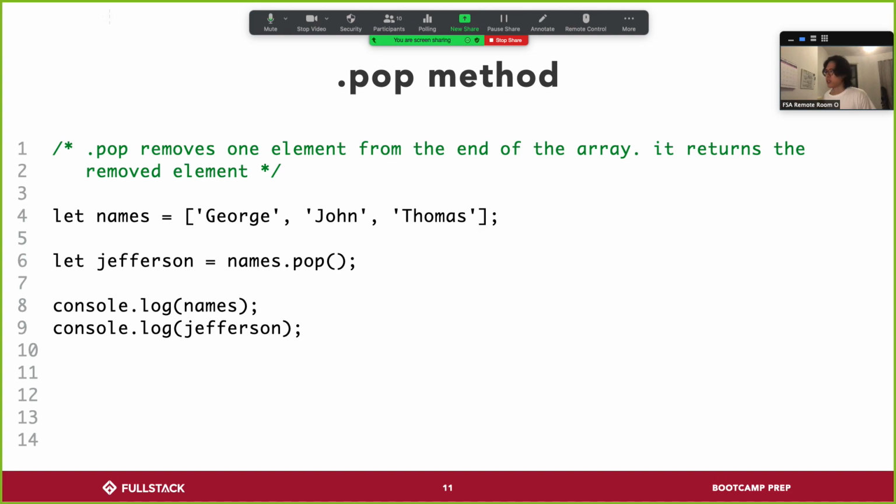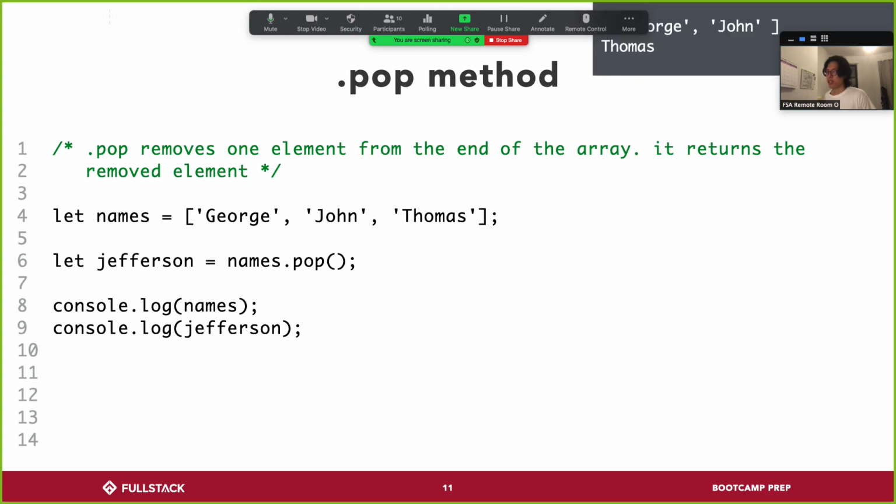Yeah, wait, let me see. George, John, and then Jefferson. I think Jefferson will be Thomas because. Yeah, Jefferson will be now Thomas's. Because when you pop something and then you set it equal to something, I think that is what is actually being popped. Wait, let me think. Jefferson's on. Yeah, that is the item that's actually being taken off. Taken off, yeah.